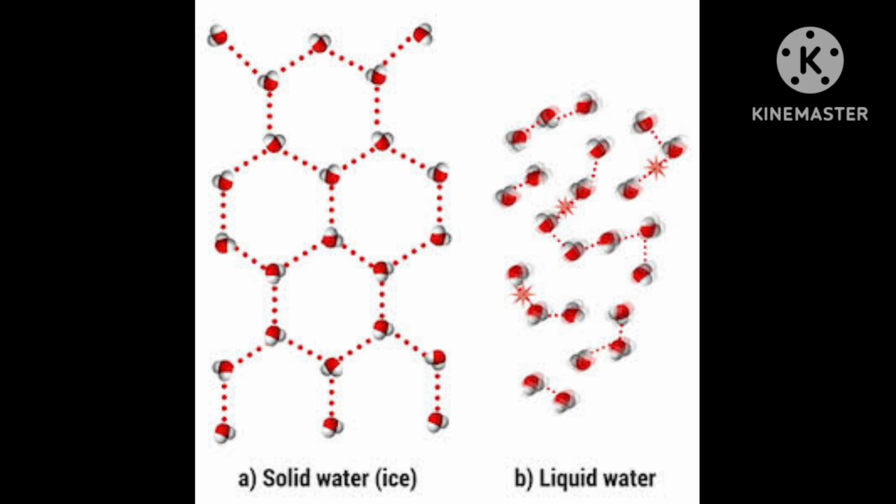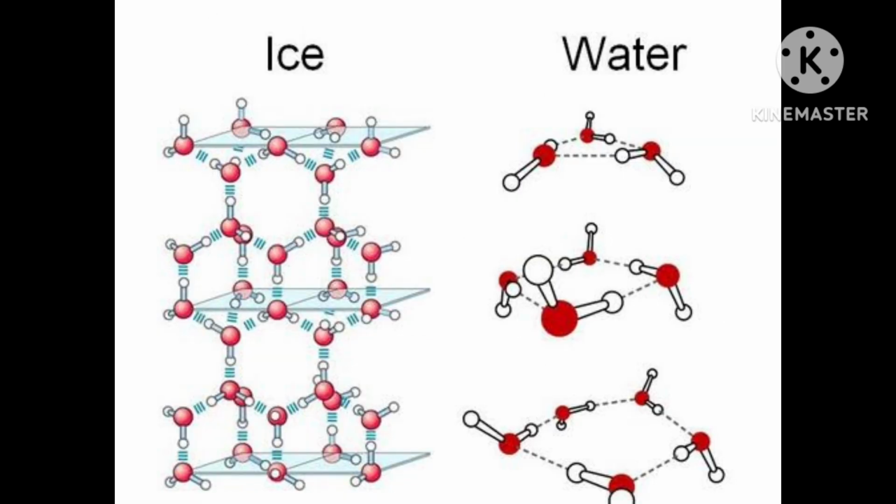You might know this structure, and I have already given it in a diagram. This is the liquid structure. You know the importance of hydrogen bonding: we are getting water on the earth due to this hydrogen bonding. These bonds are not very strong, and just in summer they can break.